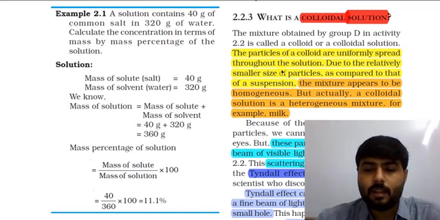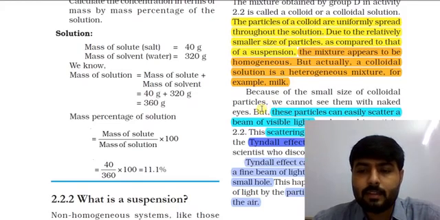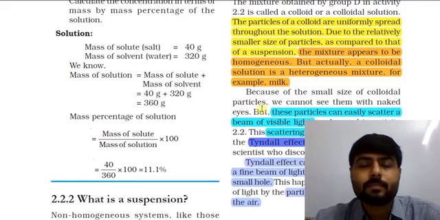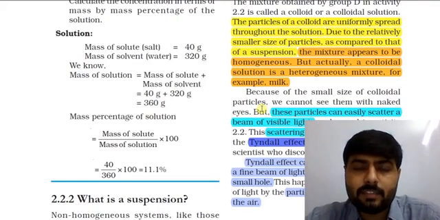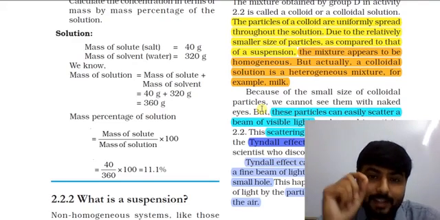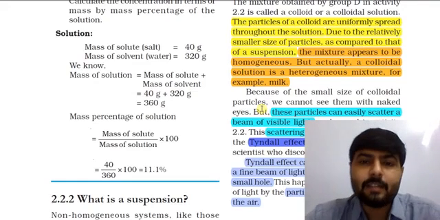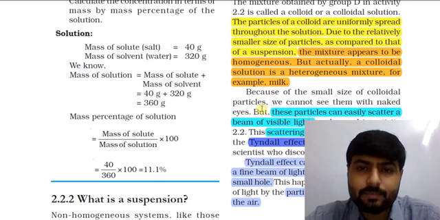Because of the small size of colloidal particles we cannot see them with naked eyes. As we have seen, milk and ink we see in our regular life, but we cannot see the particles that are there in milk or ink.